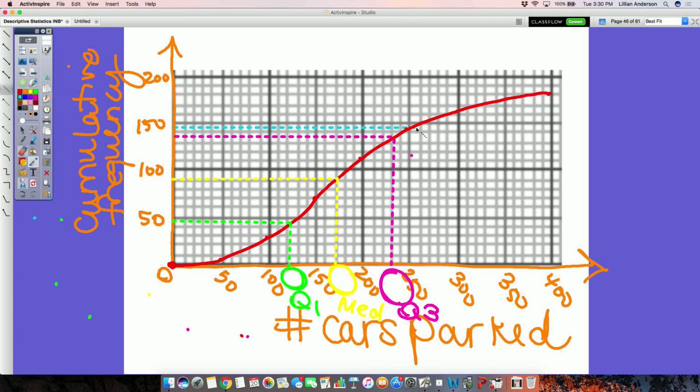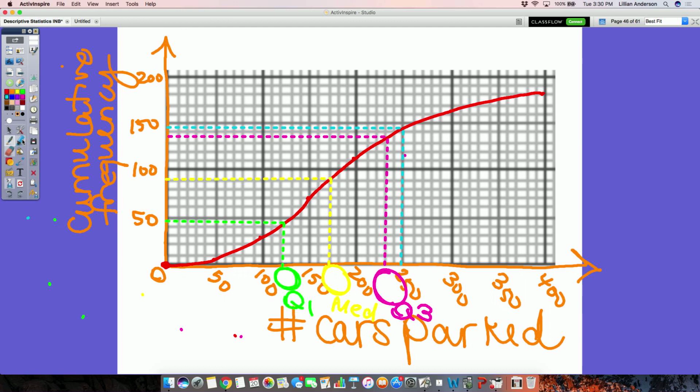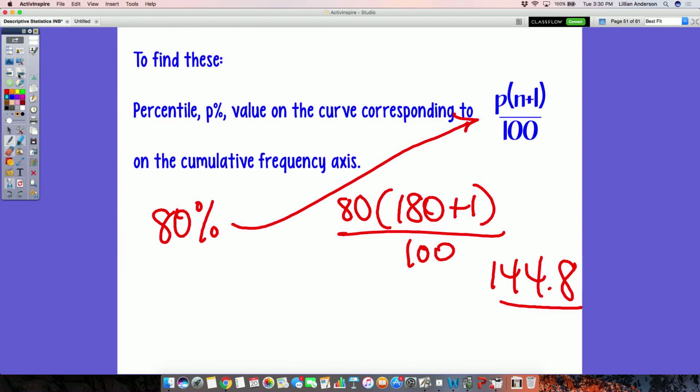I see where it hits my curve, and then I drop down a perpendicular. The x-axis is the value it corresponds to. That number would be the 80%. So in this case, it would be about 250. So 250 parked cars would be 80% of your data.